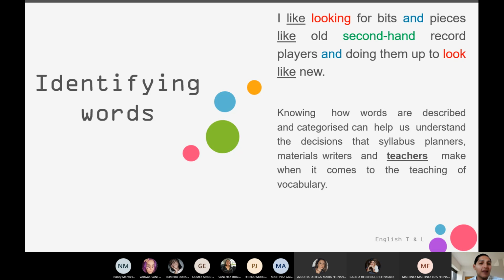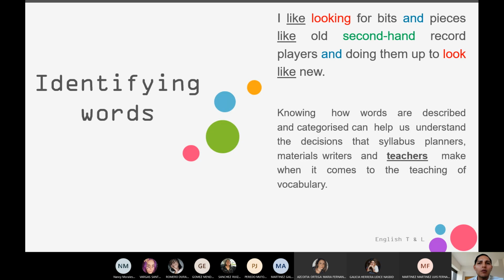So when teaching and learning vocabulary, consciousness raising, awareness of words needs to be fostered and enhanced.